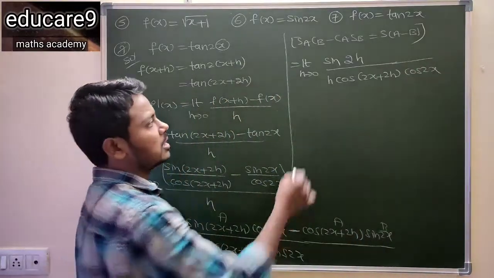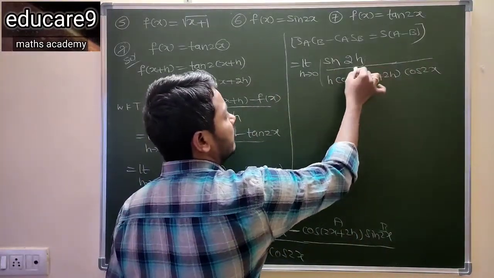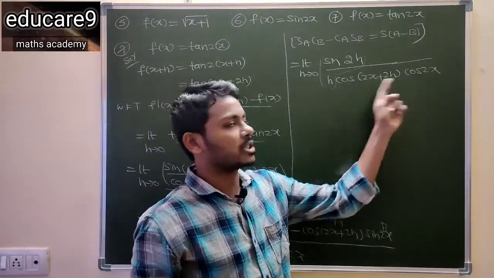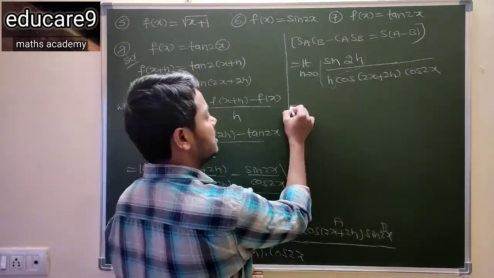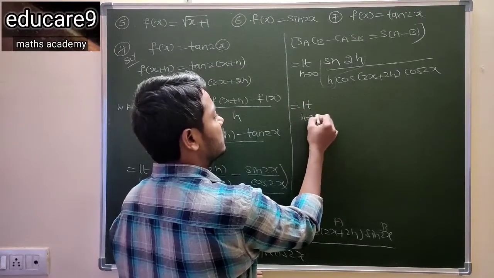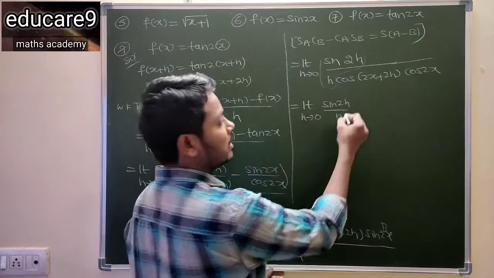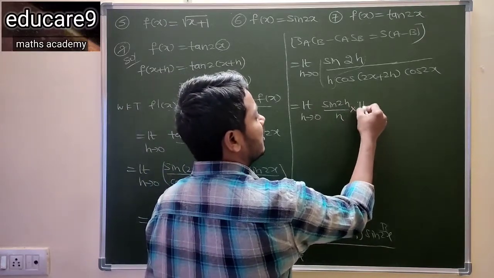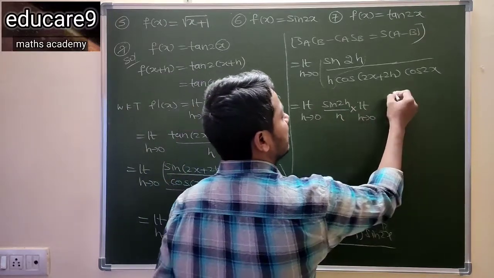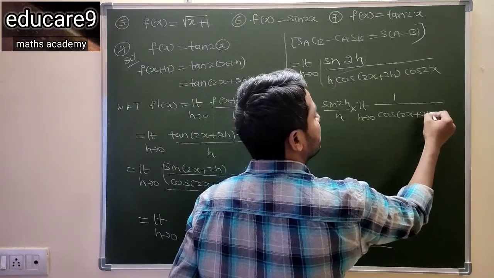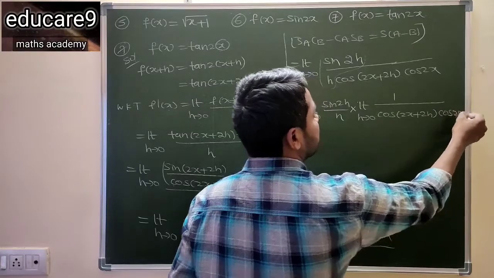And apply the limit separately. Apply limit for sin 2h by h and 1 by cos terms. So this is limit h tends to 0 sin 2h by h into limit h tends to 0 1 by cos of 2x plus 2h into cos 2x.